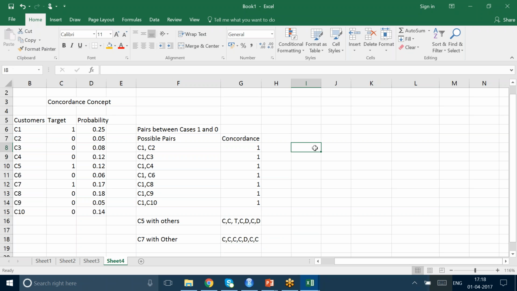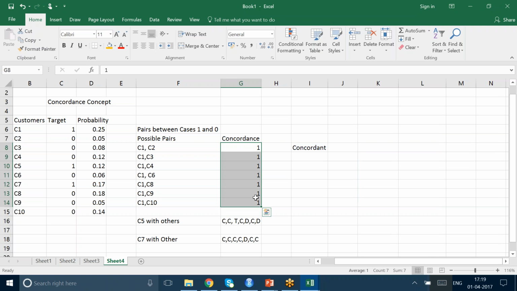So how many concordants are there overall? So these 7, 8, 9, 10, 11, 12, 13, 14, 15, 16, 17. 17 cases are concordant. How many cases of discordant are there? 2, 3.